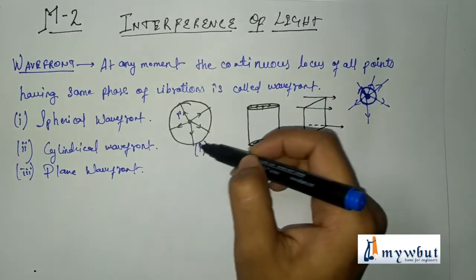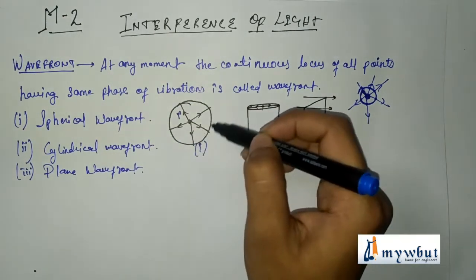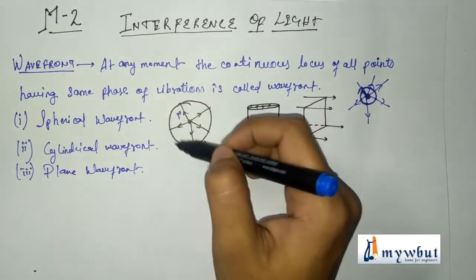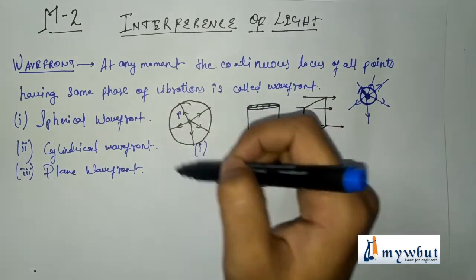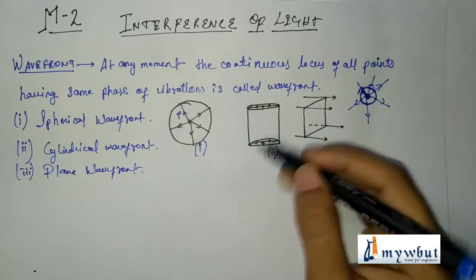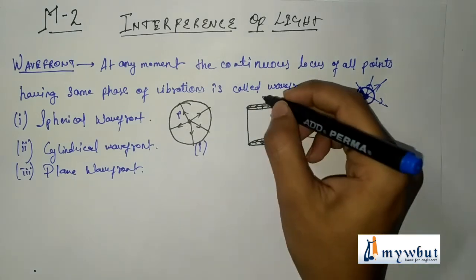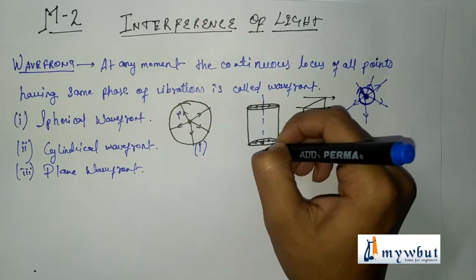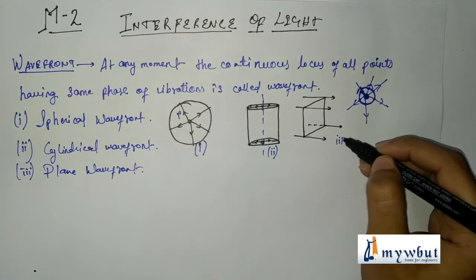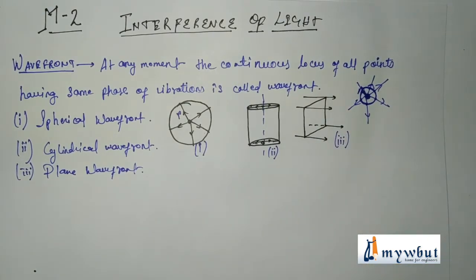If at a distance of r we see the behavior of particles of light, we will get a spherical wavefront. This one is number two, known as the cylindrical wavefront. As you can see from the shape, this is the mid-axis, and this is the mostly studied plane wavefront. So I think we have got the definition of the three kinds of wavefronts.